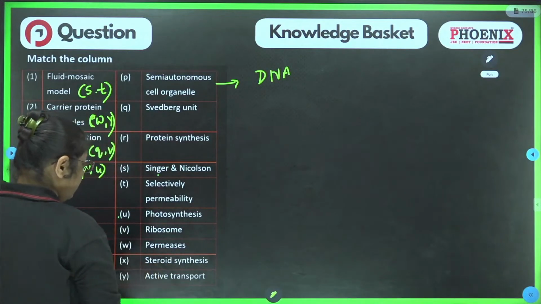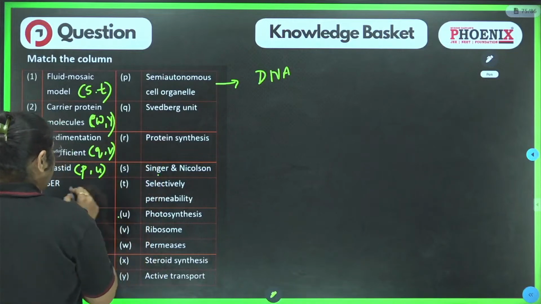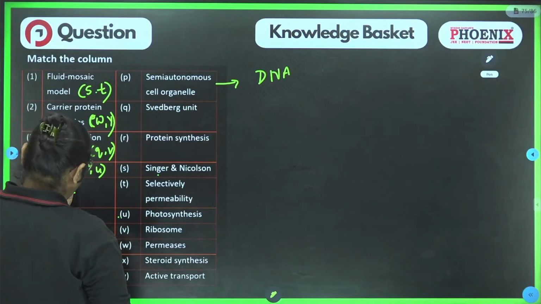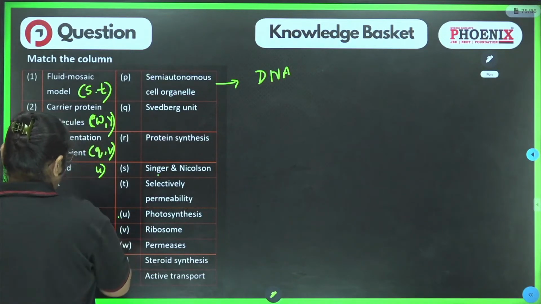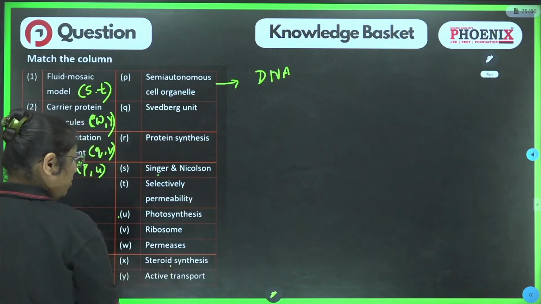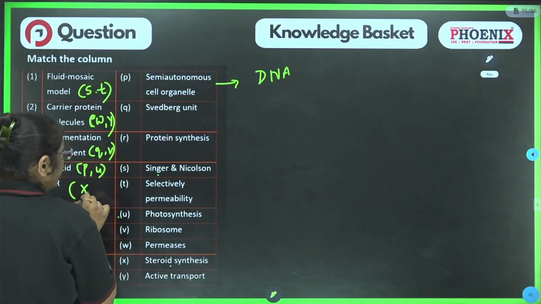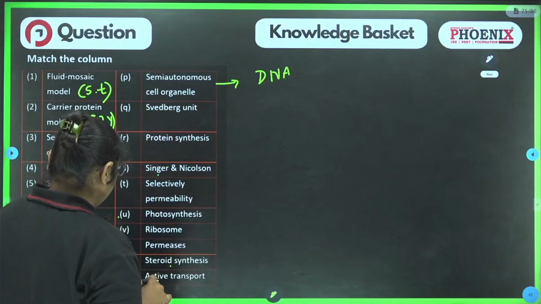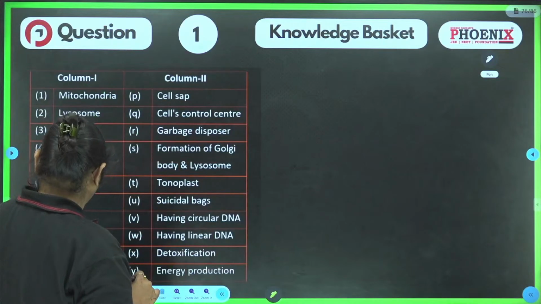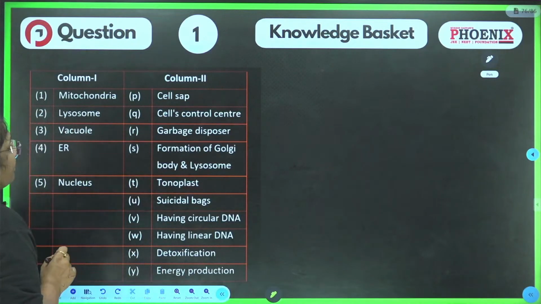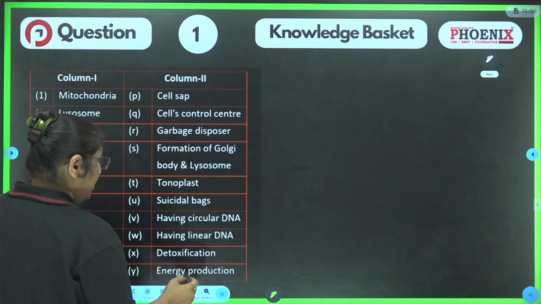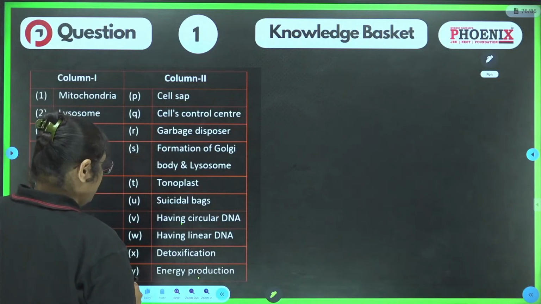SER: protein synthesis, P, and SER is steroid synthesis. Okay. Mitochondria having circular DNA and energy production, V and Y.